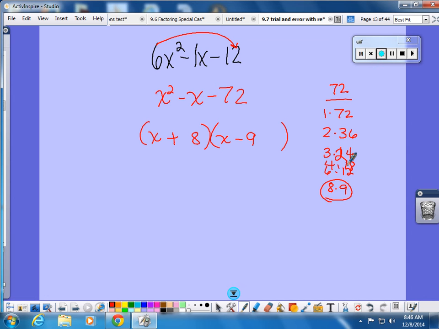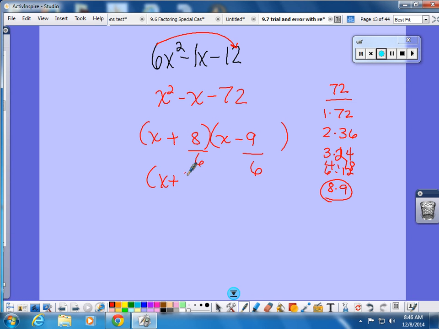Well, I multiply by 6 there, divide by 6 here. Now, let's say this. If they reduce down to an integer, I don't do the bottoms up. But if they just plain reduce a little bit, I want my factors to be reduced.